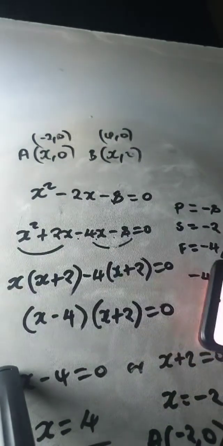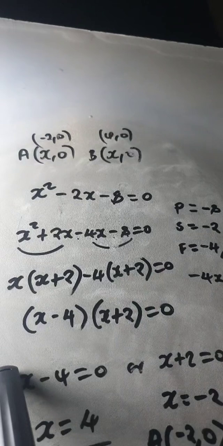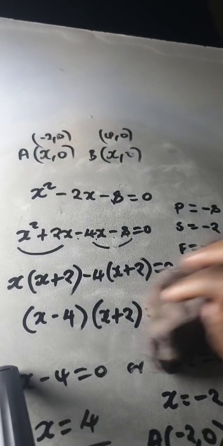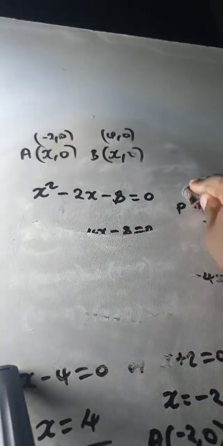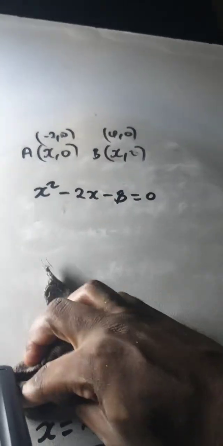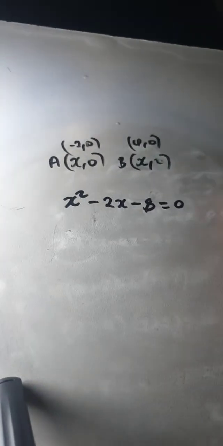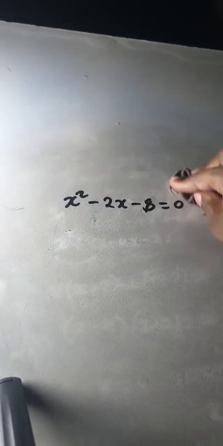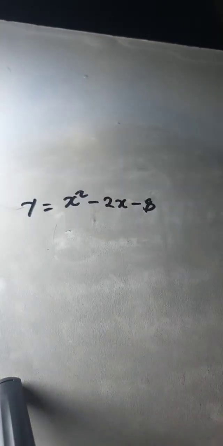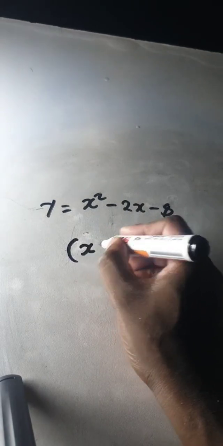So now, using that same function, let's find that point. This time around, I'll bring back my y equal to that. We are finding x, y for that minimum point.